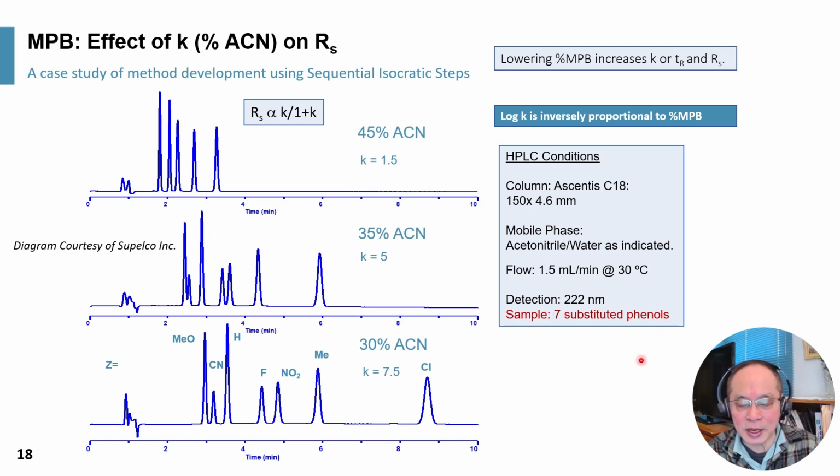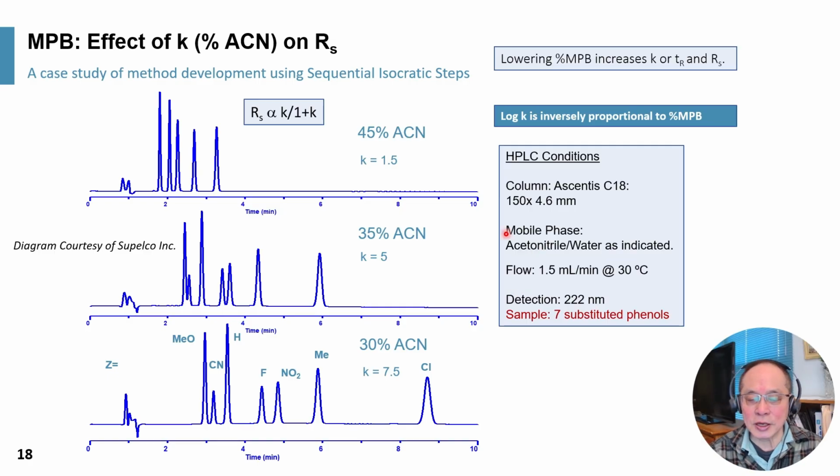We put all 7 phenols in a mixture, and we inject them at 40% acetonitrile water condition. And in this case, we only get 5 peaks. So something's missing. This is not a good method because it's not resolving all the peaks.